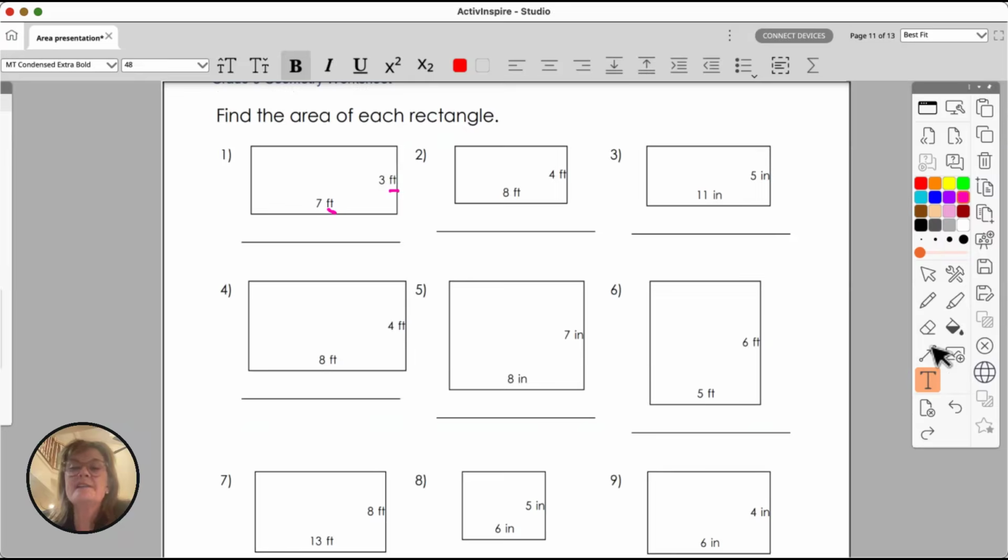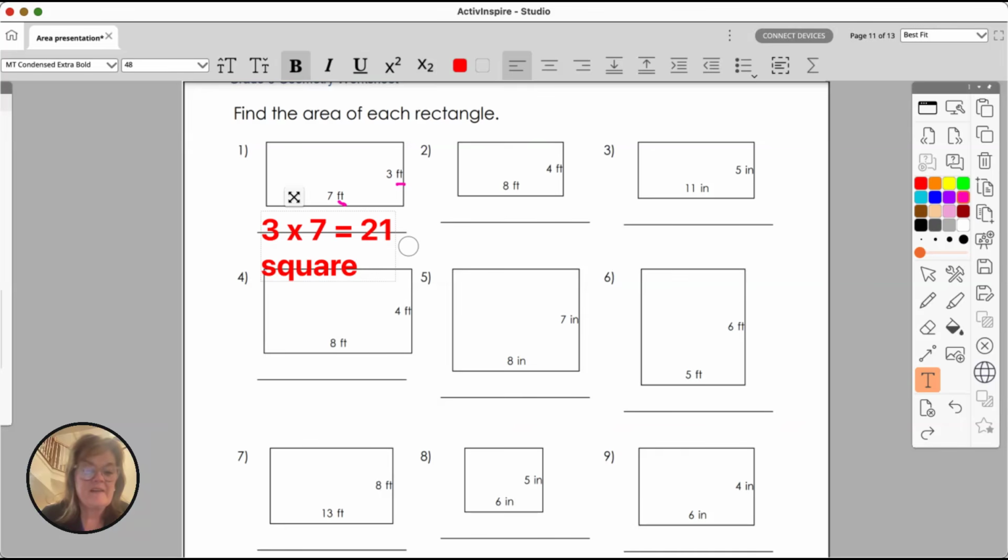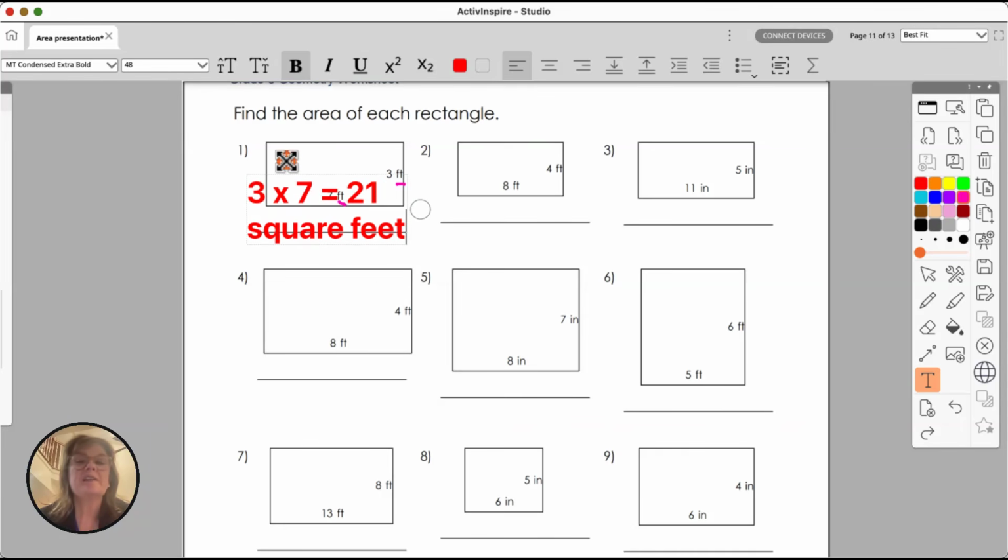So we would write our multiplication problem, which would be 3 times 7 equals 21. And our answer would be 21 what? 21 square feet. 21 square feet would be our answer for this one.